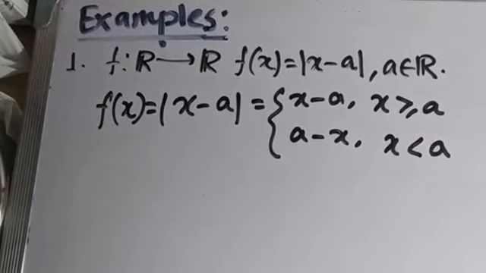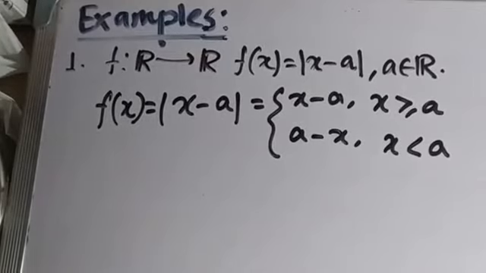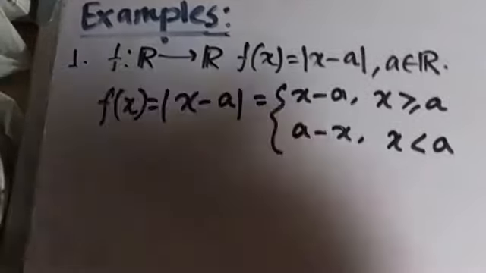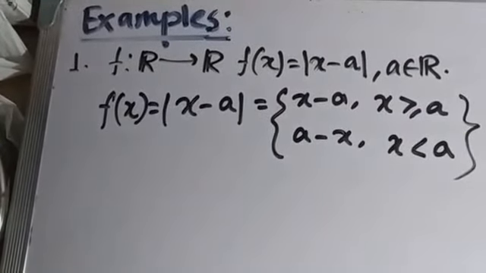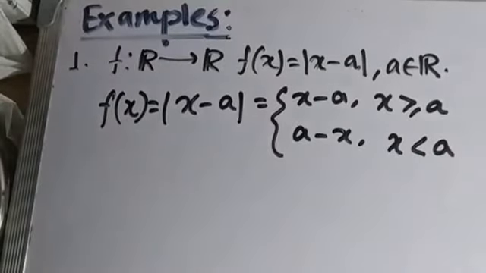But if we take these two parts together, is the whole function differentiable at the point a? Basically, we have to check differentiability at points where the function is changing its behavior. So let us see the differentiability at the point a.